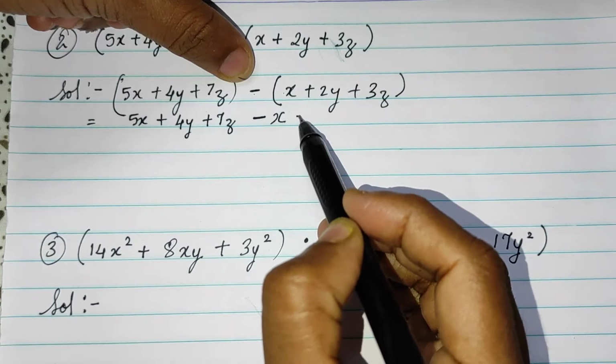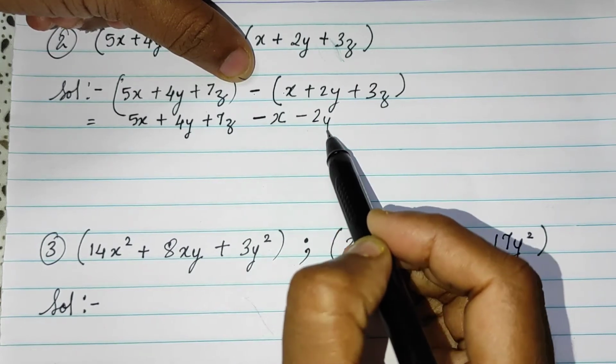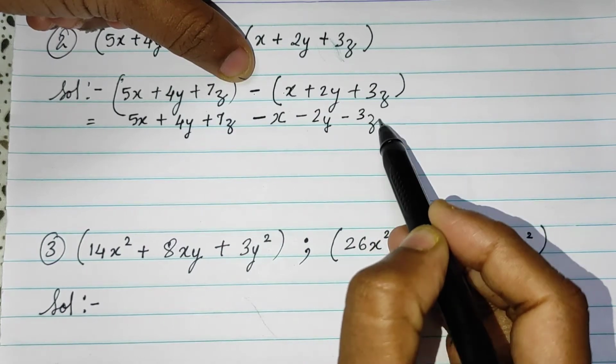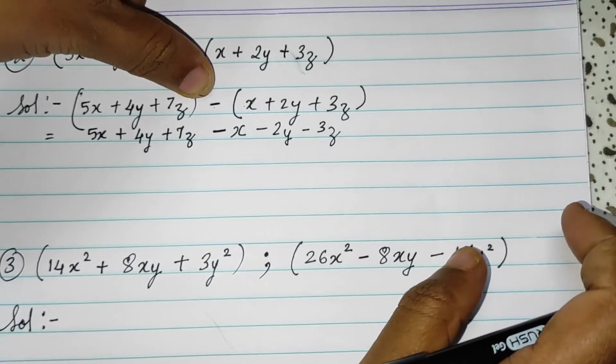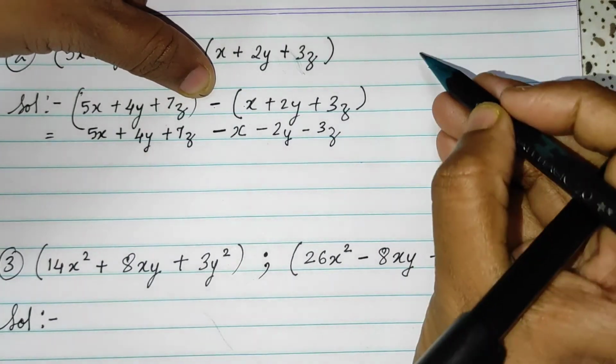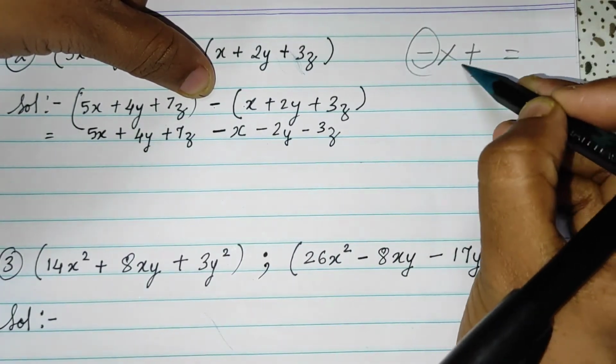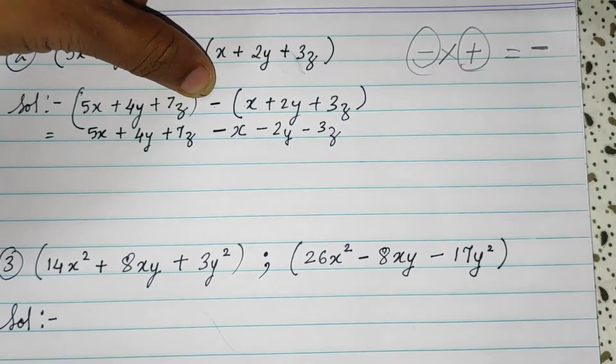Then again minus into plus, minus 2y. And then again minus into plus, minus 3z. Whenever minus and plus are multiplied, it is always minus.